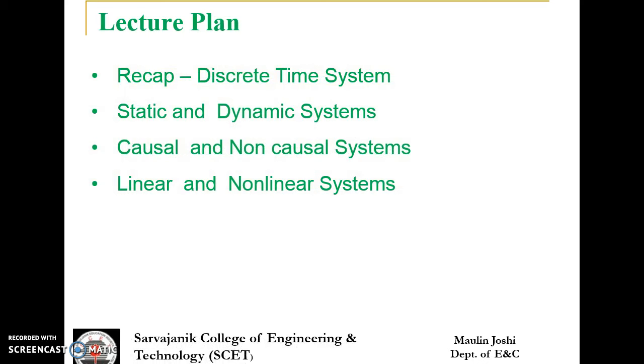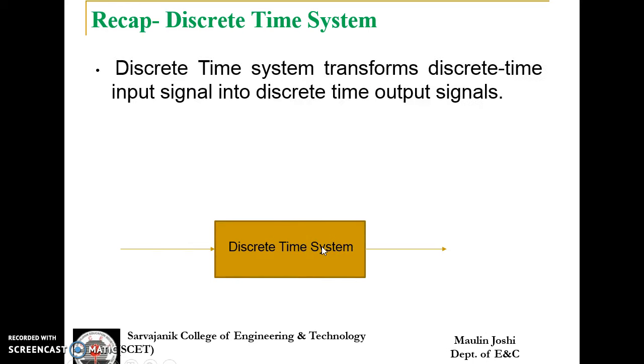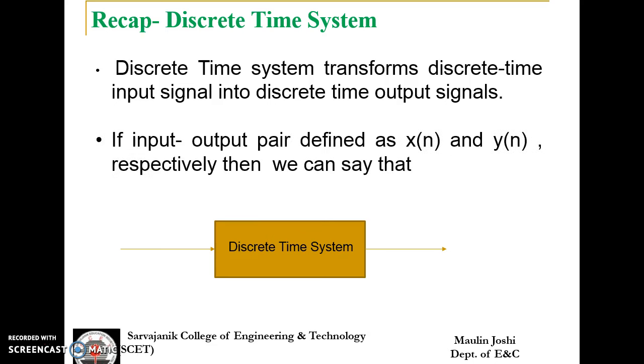We'll see first what is a discrete time system, then we'll go one by one to the static, dynamic, causal, non-causal and linear, non-linear systems. So we can see that this is a discrete time system. A discrete time system transforms the discrete time input signal into the discrete time output signal.